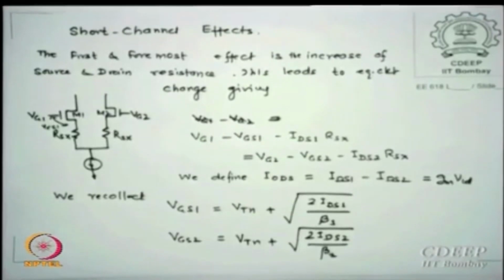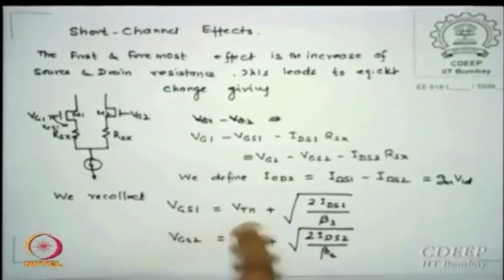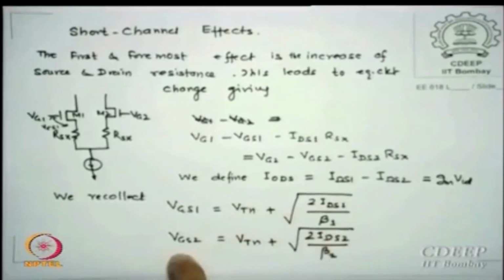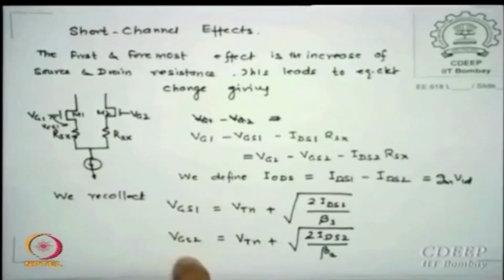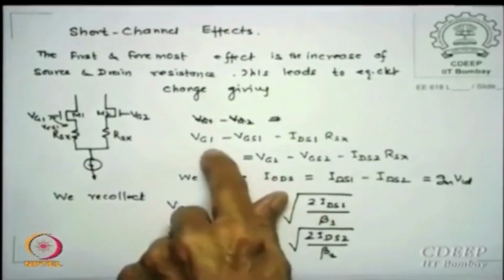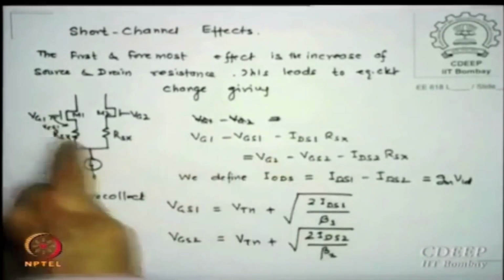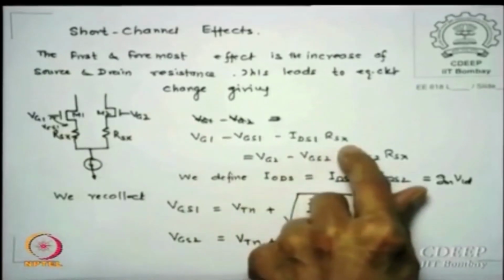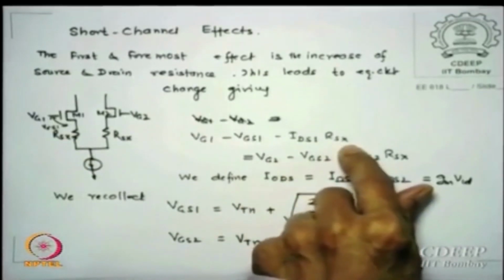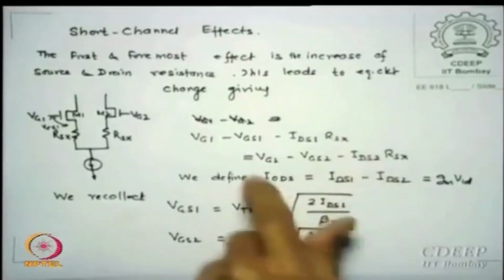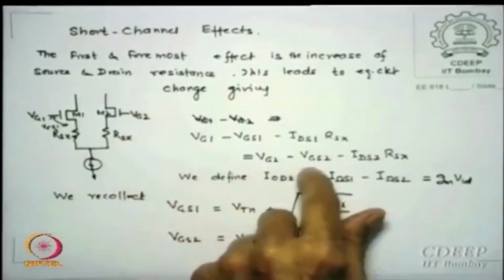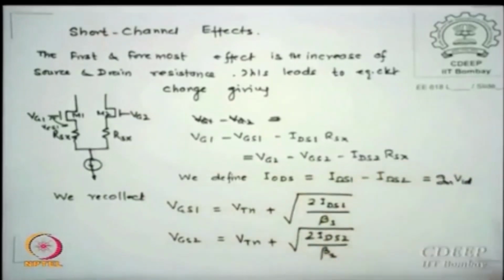Great things happen. So let us do it for a normal device, which we have done. VGS1 is Vtn plus square root of 2 IDS1 by beta 1, no RSX used right now, but anyway VGS2 is Vtn plus the same. However, VGS1 is VG1 minus IDS Rx, a value that was not there earlier; in short channel this value appeared, and similarly from the other side VGS2 is VG2 minus IDS2 Rx.